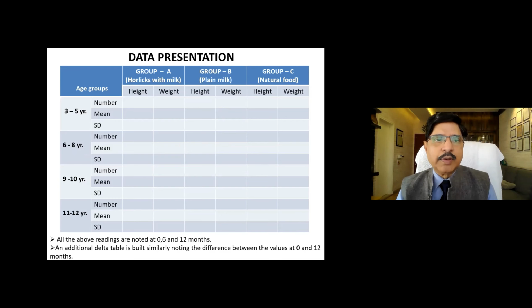So this table will be filled for day 0, that is when they are enrolled, and at the end of 6 months and at the end of 12 months. An additional delta table has to be prepared, which will have delta 1 and delta 2. Delta 1 being A minus B, delta 2 will be A minus C. Okay, so this is the data representation, very correct, nicely.